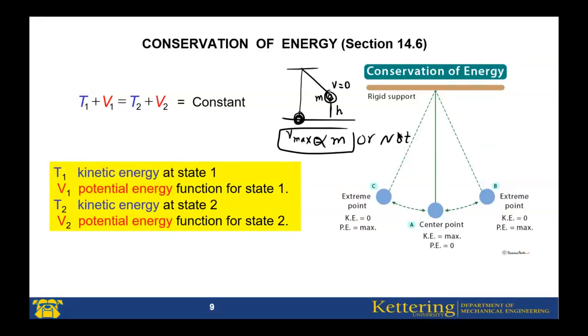If I calculate and find this velocity, do you think this velocity depends on the mass or not? For example, if I release one pendulum with mass m and a second pendulum with mass 2m, their maximum velocity will be the same, less, or greater? What do you think?